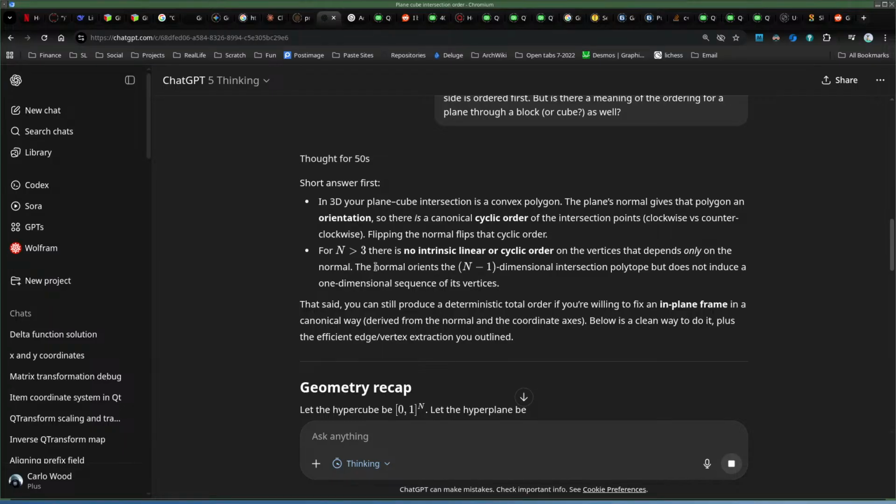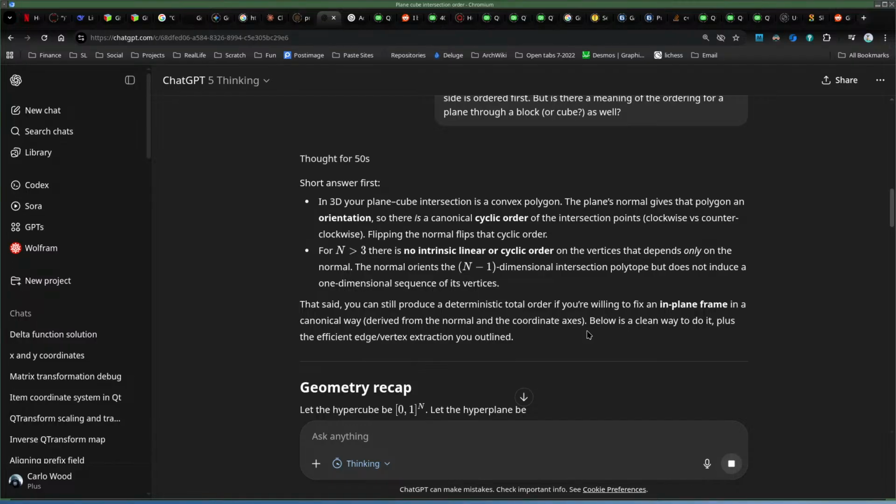For n larger than 3, there is no intrinsic linear cyclic order on the vertices that depends only on the normal. The normal orients the n-1 dimensional intersection polytope, but does not induce a one-dimensional sequence of its vertices. That said, you can still produce a deterministic total order if you're willing to fix an in-plane frame in a canonical way, derived from the normal and the coordinate axes.